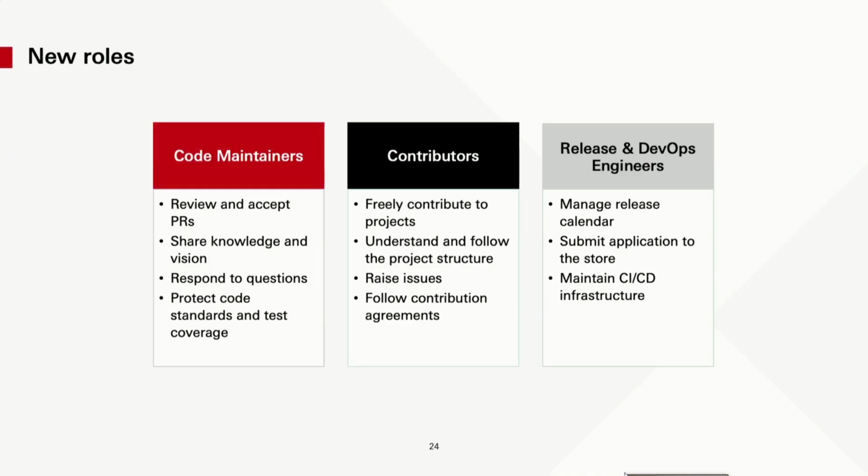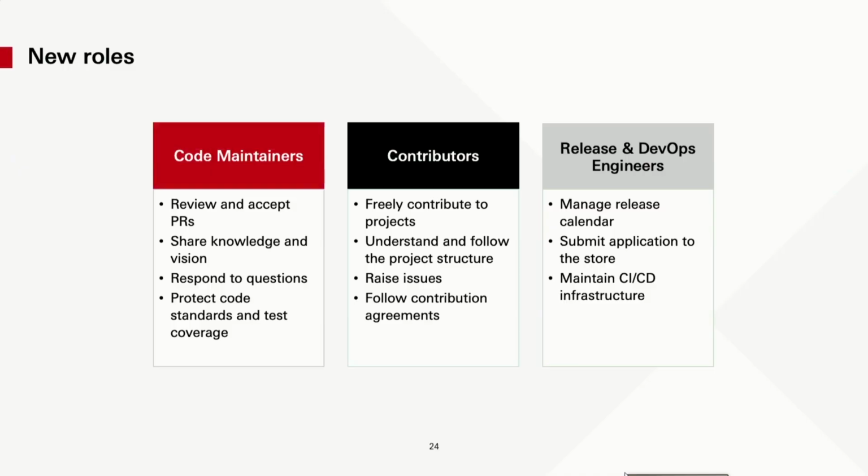On another side of the board, there is contributor. And this is also a great role because contributors can freely contribute to any project. However, this freely doesn't mean that contributor can be some kind of coding renegade in the repo. He has to obey certain rules.